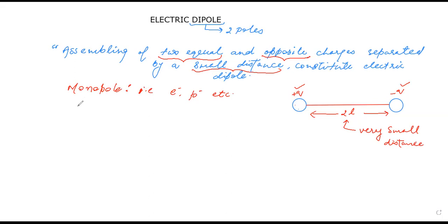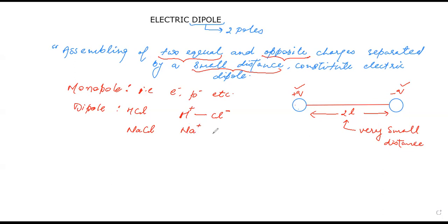Whereas dipole means two poles, just like HCl. You already know HCl, H and Cl. H is positive and Cl is negative. The amount of positive charge at H is 1, and chlorine is also 1, but opposite in nature. Another example is NaCl, your salt, also known as sodium chloride.